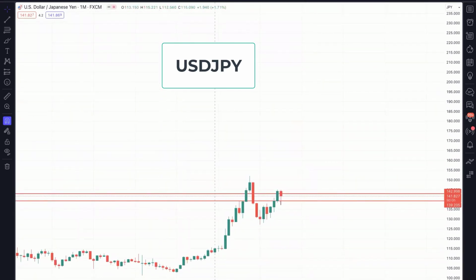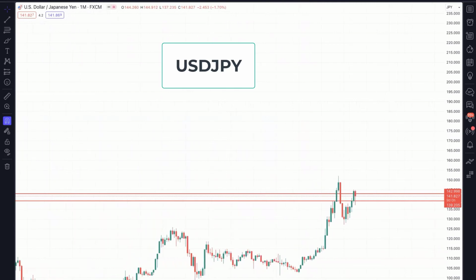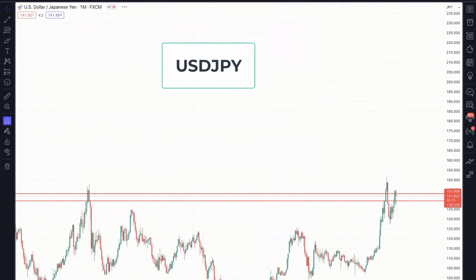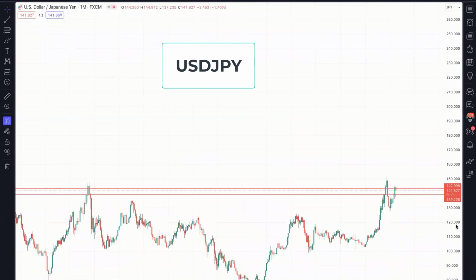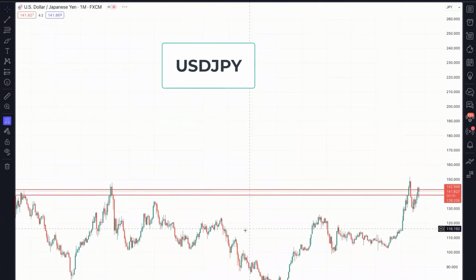Because if you even look at it, for a long time, USD JPY is back at a level that it got to in 1998.